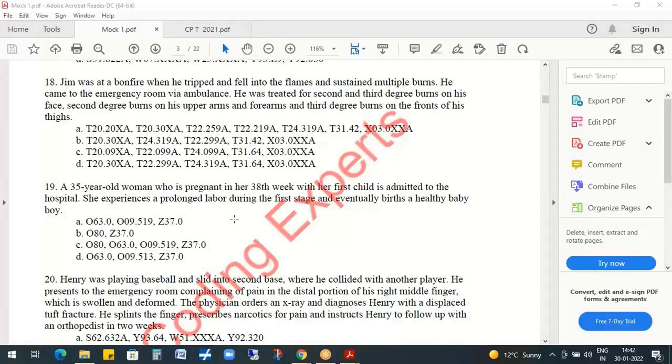And what I am saying is no need to see it. There are 4 options in front of you, Geeta Kumari. 3 options, A, C, D are not your answer. Then what is your remaining answer? B is the answer. No need to check each and every code. It's a waste of time. Here if you decide which is the third degree, which is the second degree, which is the first degree, then you can sequence based on that. That will be your correct answer.